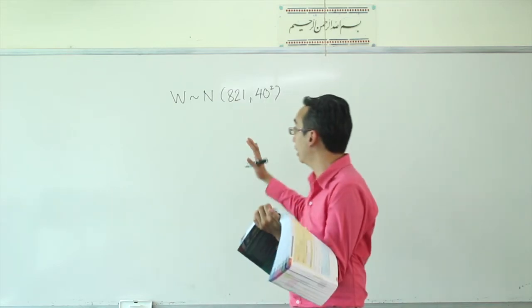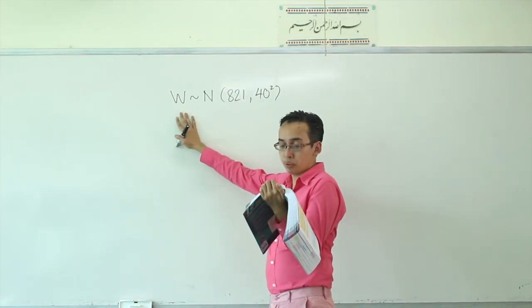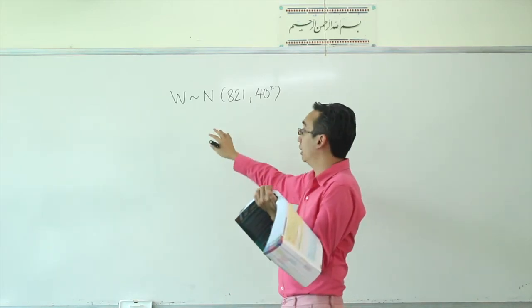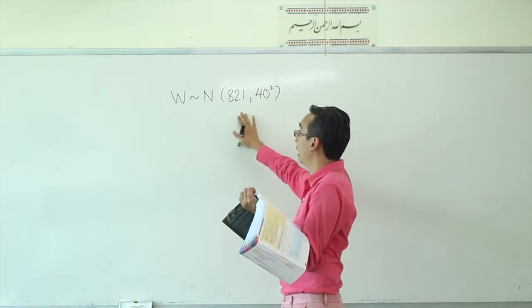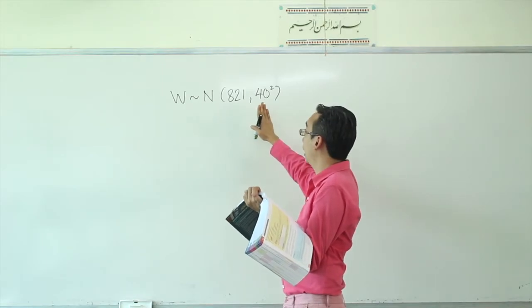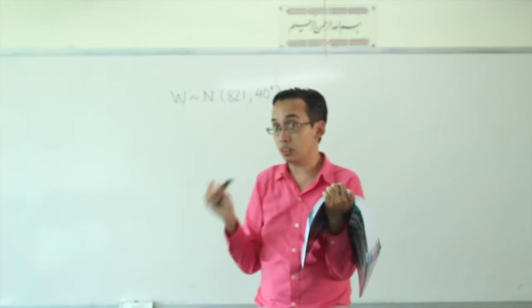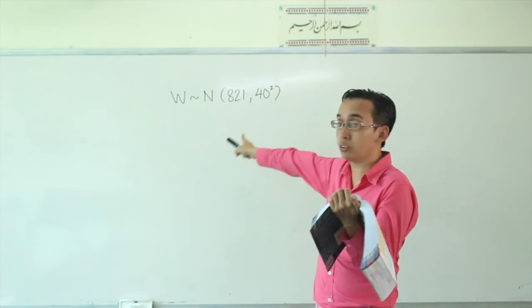Let's write that down first. Let W be the weight of a randomly selected cauliflower. Then W follows the normal distribution with 821 as the mean, and the variance will be 40 squared because this time you are given the standard deviation. Take note: when you're given variance, you write variance. When you're given standard deviation, make sure you change it back to variance.